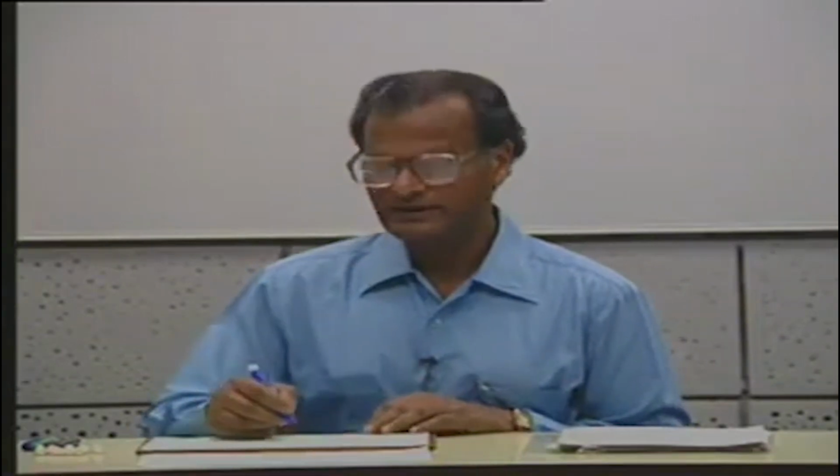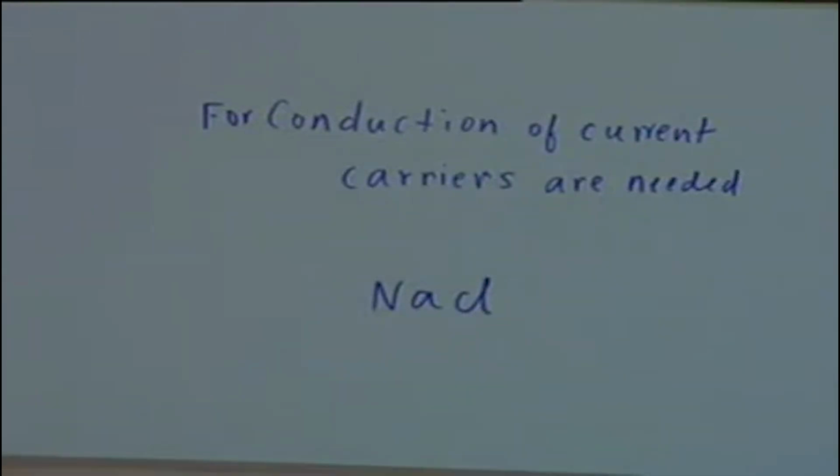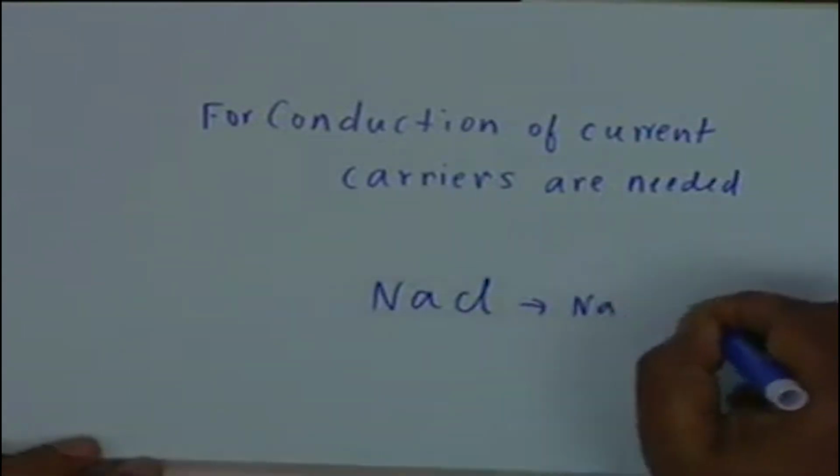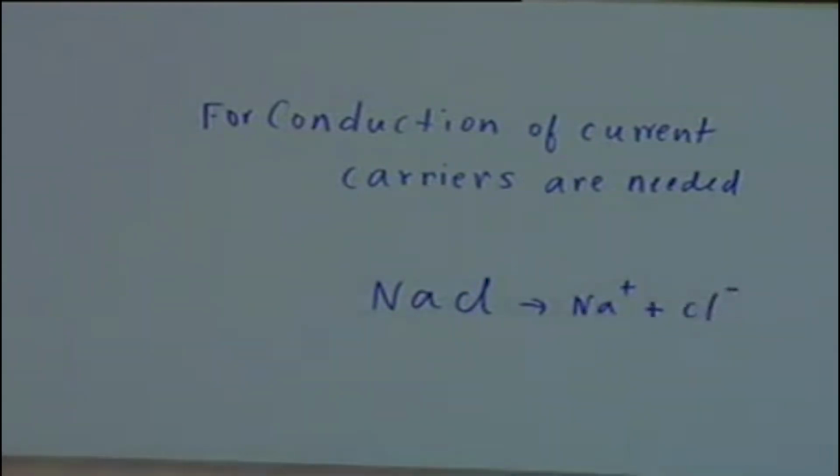In liquids, in electrolytes for example, the molecules break up into two parts, positive and negative ions. For example, a dilute sodium chloride solution breaks up into sodium and chlorine. One is positively charged and the other is negatively charged.